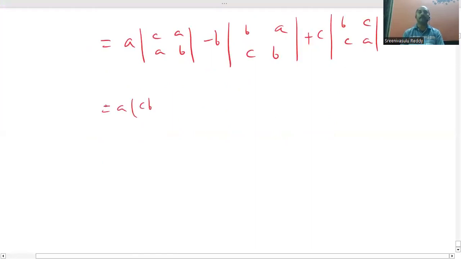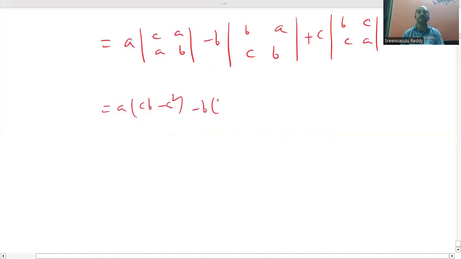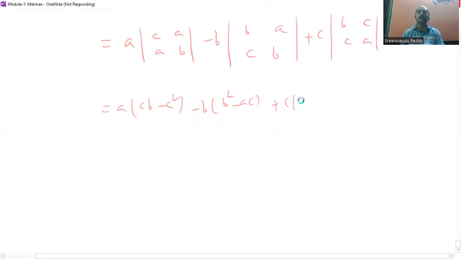We get a times of CB minus a square, minus b times of b square minus AC, plus c times of AB minus c square.